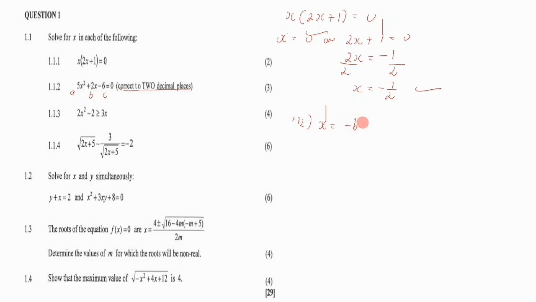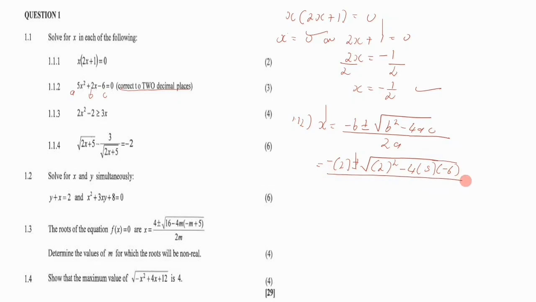Then I can write my equation. x = (−b ± √(b² − 4ac)) / 2a, right? And then what is my b? The b is 2, and then I have plus minus. And then what's my b there? It's 2, and then I say 2² − 4, and then a is 5, and then c is negative 6.